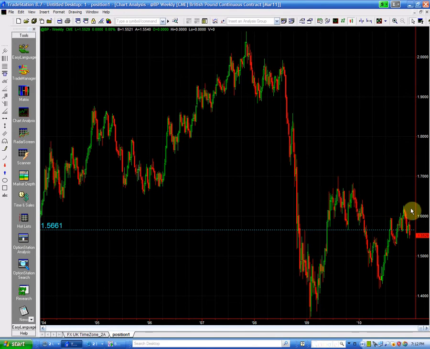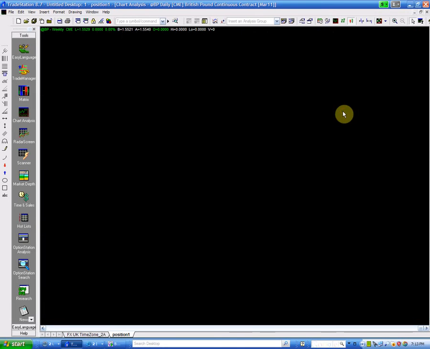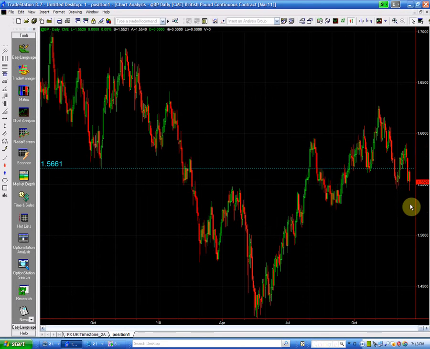It is rolling over, and it has closed the week below the 156, and you will see it better when we're looking at the dollar pound, the cable pair. You'll see that we do have a continuation to the downside. So the pound is really weak, and this is on the daily for the pound index.